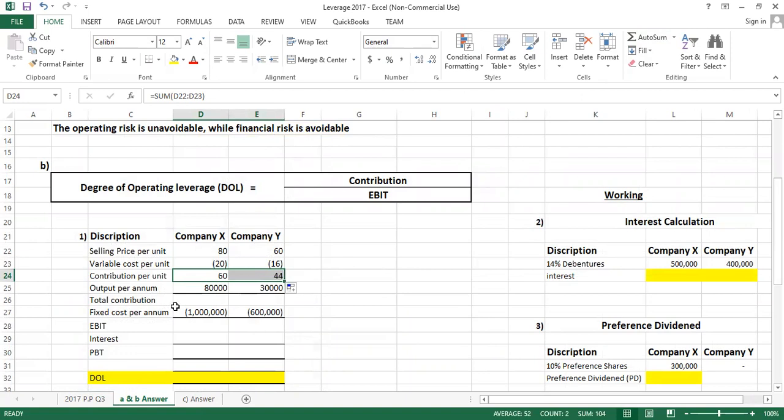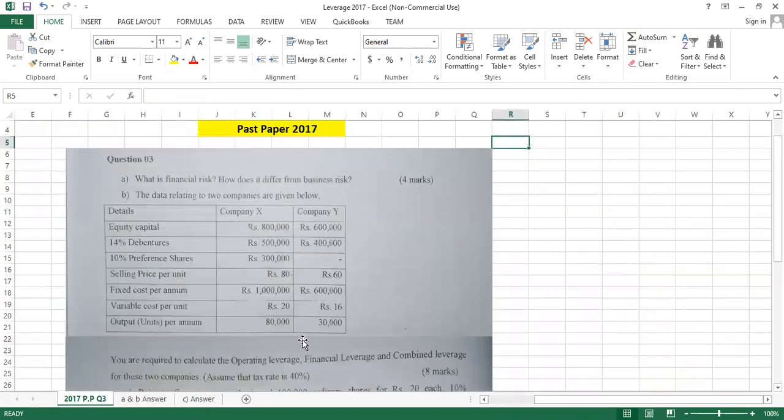Then contribution per unit multiplied by output per annum, we can calculate the total contribution. In this question, they gave the output per annum: company X 80,000, and likewise company Y 30,000.